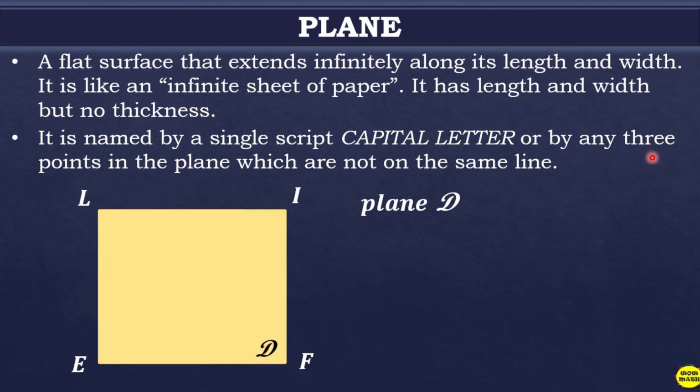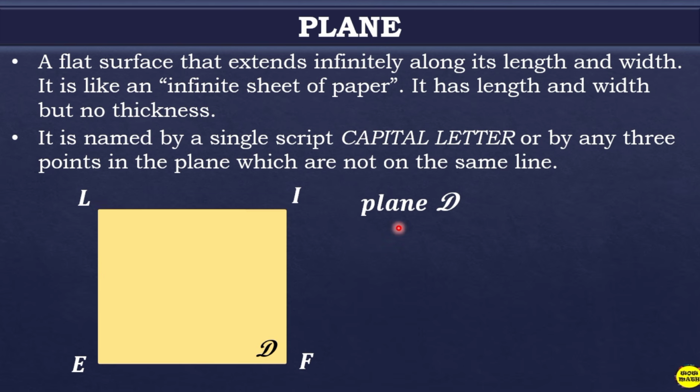That is why it says any 3 points. The point can be inside, or on the plane itself, along it. So this corner is a point.